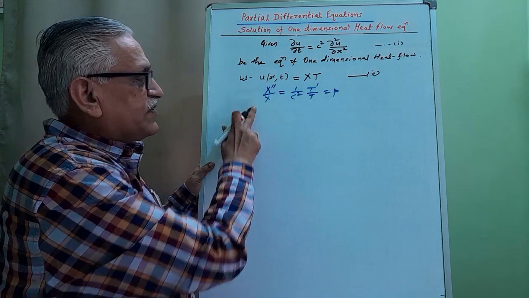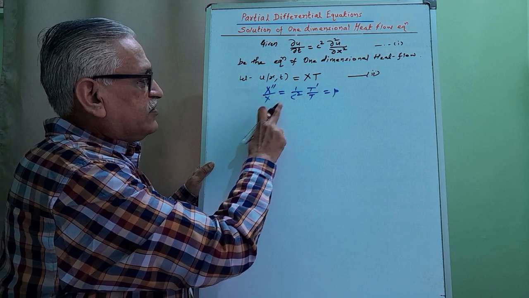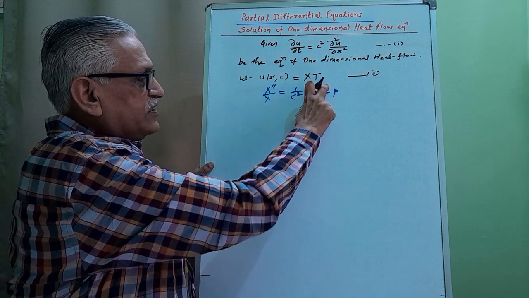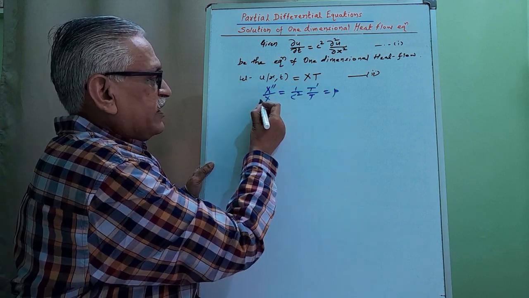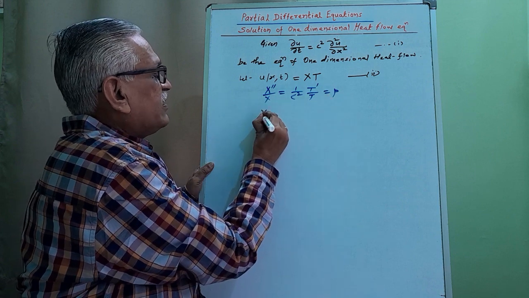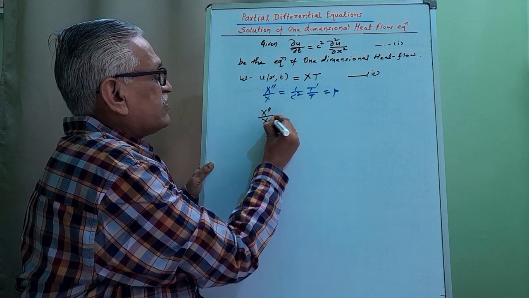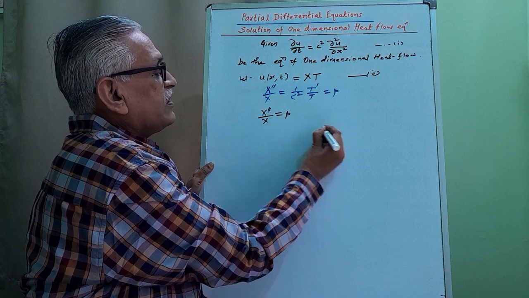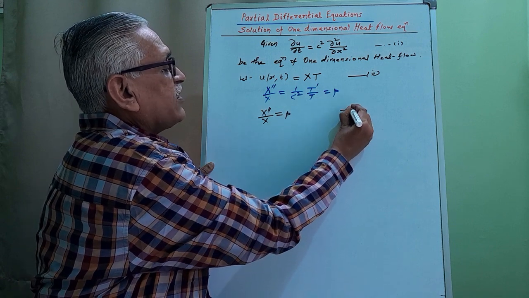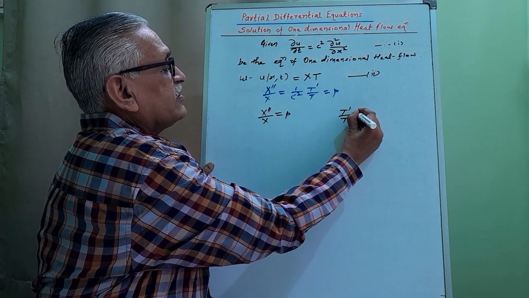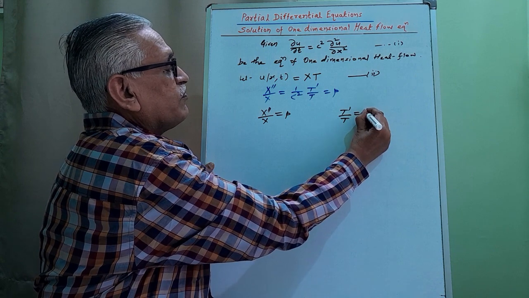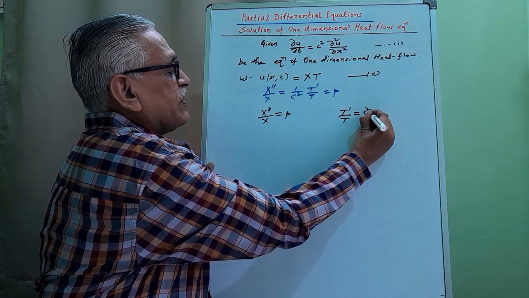After separation of variables, X double dash by X is equal to 1 by c square, T dash by T is equal to p. Equating first with last, we get X double dash by X is equal to p, and second, T dash by T is equal to c square p.